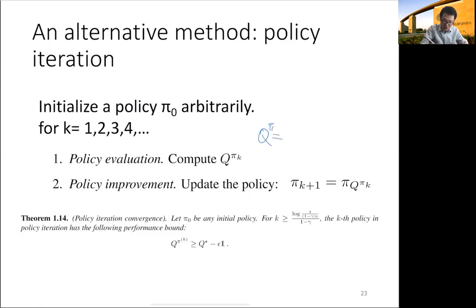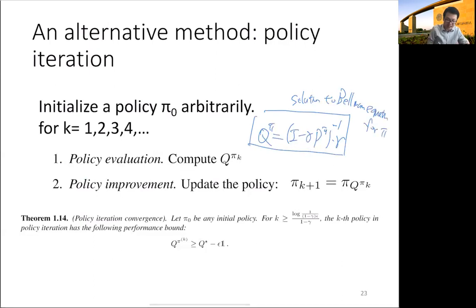We've learned that this Q pi function satisfies this closed form solution, with gamma, P pi multiplied with the reward. With this closed form solution to the standard Bellman equation for policy pi, you can then run the so-called policy iteration algorithm.